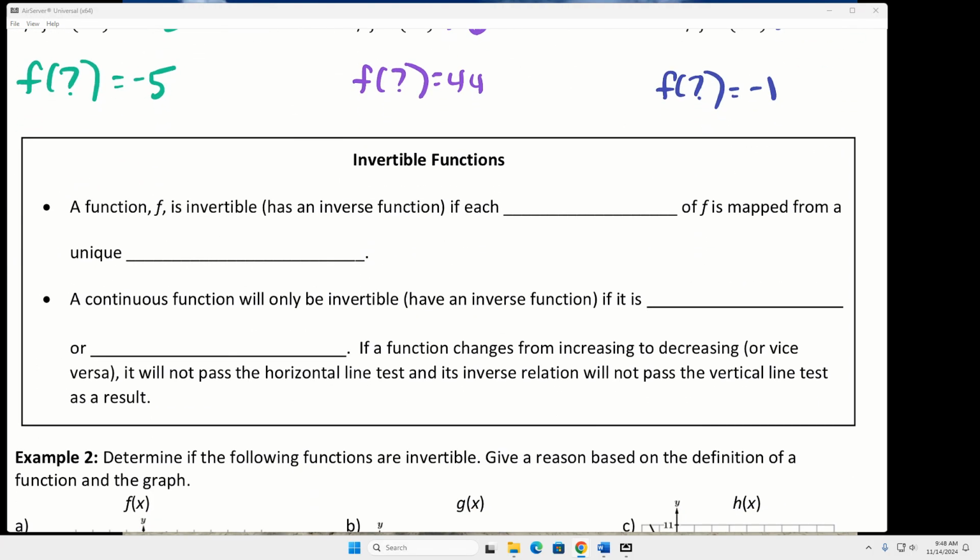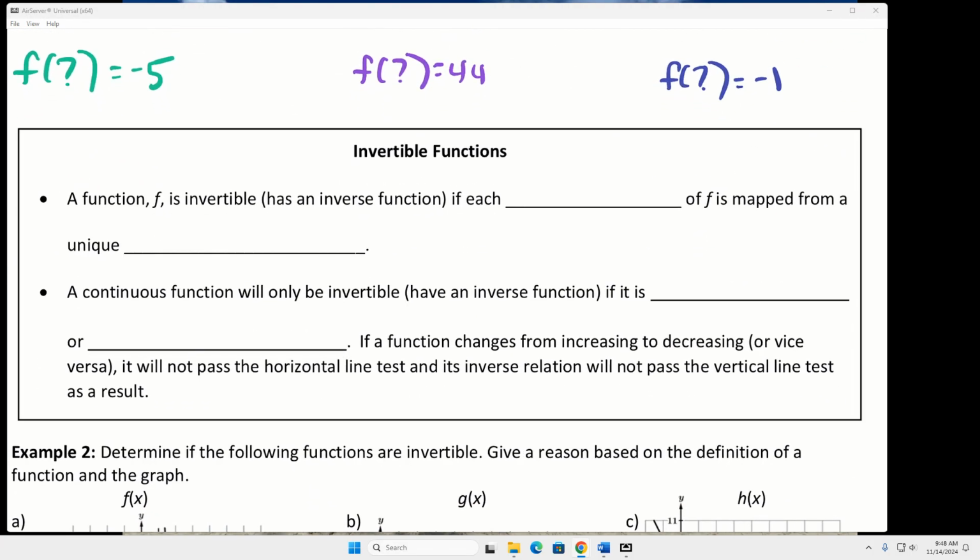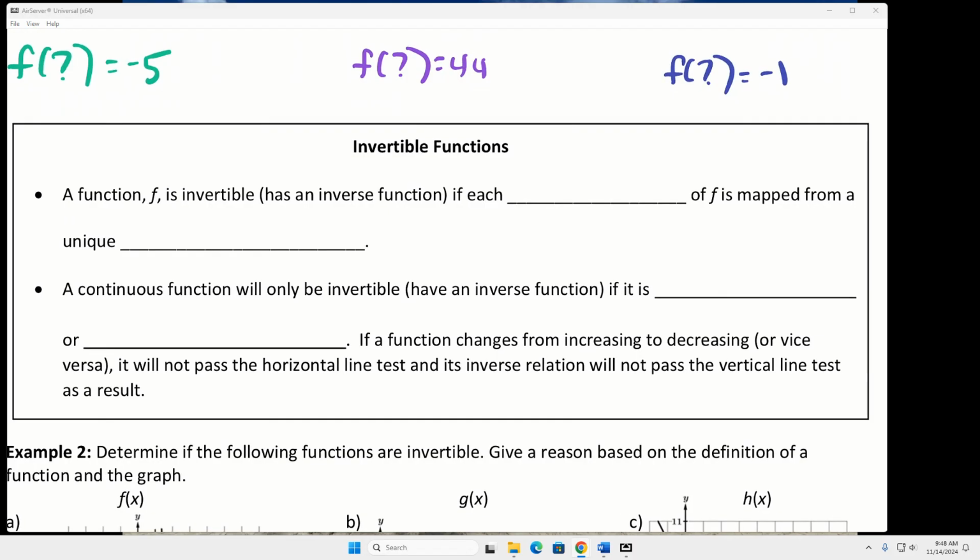All right, so let's talk about invertible functions. Get used to this first statement because you are going to write it quite a bit in the next couple days. A function f is invertible, or has an inverse function, if each output value of f is mapped from a unique input value.